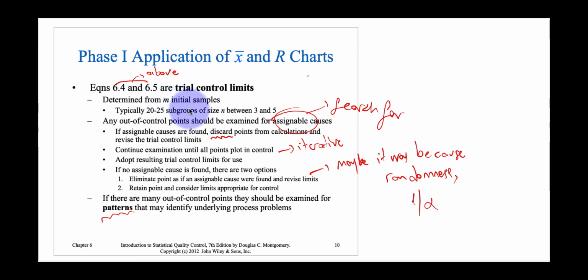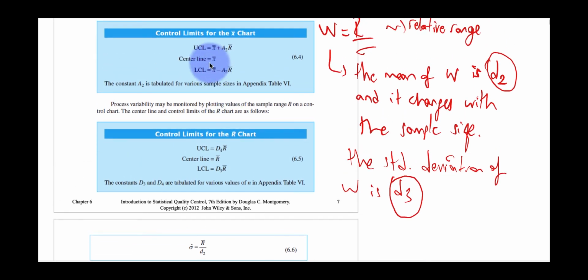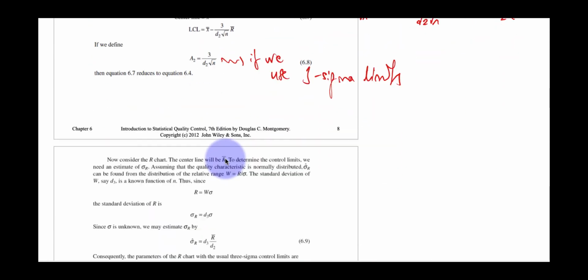Actually, they are samples, and each sample will have a size n between 3 and 5, and the number of samples can be 20 to 25. First, we are going to calculate the central line and upper control limits, right? And it is valid for both charts. All right, we are going to calculate them.